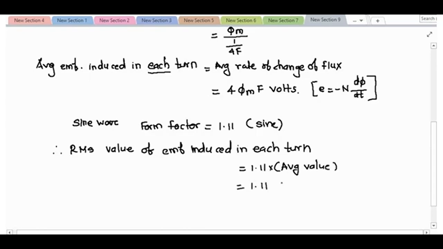Put the average value, that is 4 phi m f. So this is the RMS value of EMF induced in each turn. We know that RMS values are always denoted by capital letters. Here we are talking about the primary, so I will write 1 for the primary, 2 for the secondary winding.